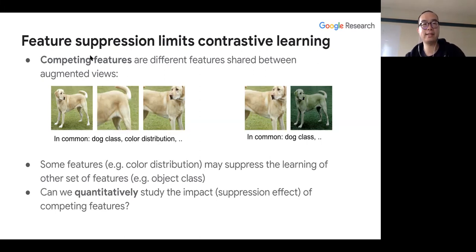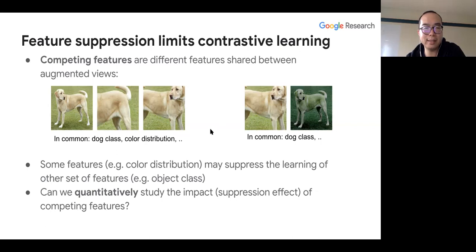The other thing we look at is feature suppression, in this work of studying the properties of contrastive loss. One thing we notice in SimCLR is that data augmentation is really important, and the reason is that you have these competing features. They are shared among different augmented views. Like in the figures on the left here, you can see they share the same dot classes and features, and then also the color distribution.